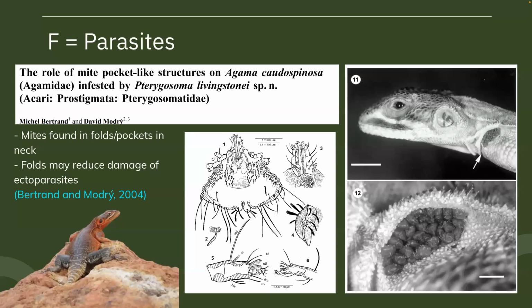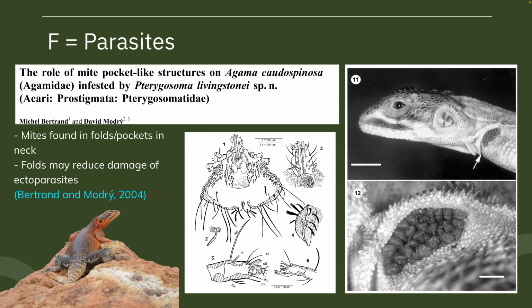For parasites, I found an article about an agama infested with blood feeding mites. And this was based off one specimen they found, in which all these mites were concentrated in the back of this host's neck in the skin folds. And for the methods, they basically took 50 mites from this agama and dissected them.